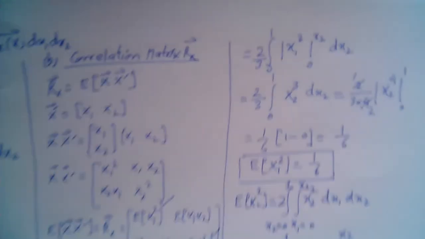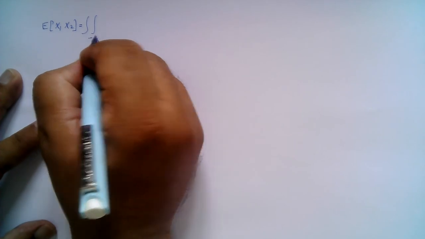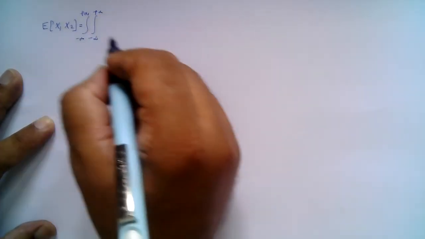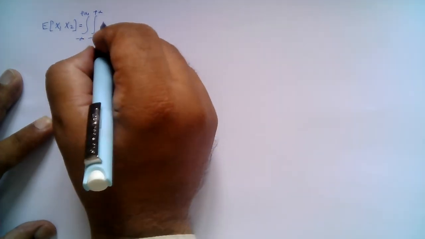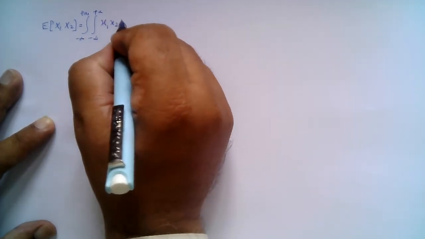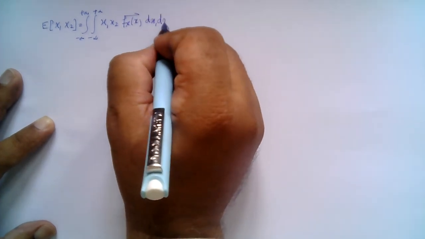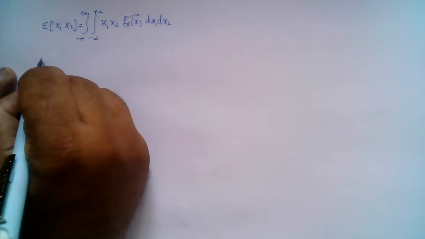So let us find next the expected value of x1 x2, which is given by this double integral from minus infinity to plus infinity, minus infinity to plus infinity, x1 x2 fx of x dx1 dx2, right?